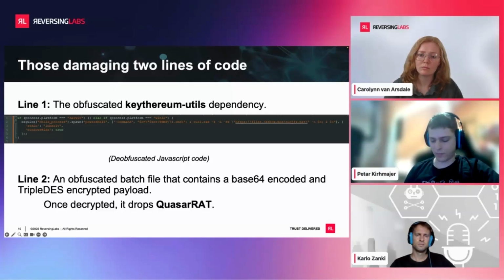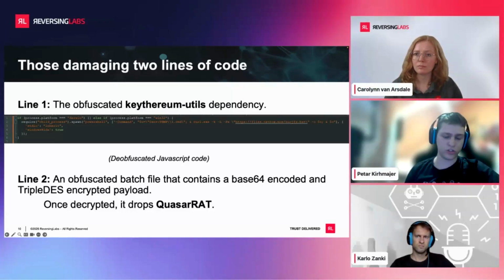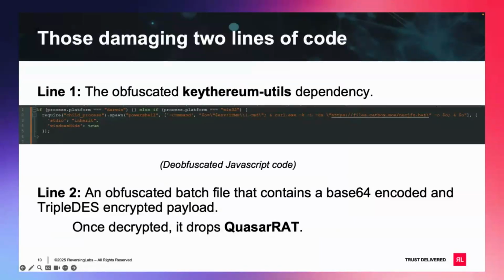What this malicious dependency does is, firstly, it was very obfuscated by an online tool called JavaScript obfuscator, and we had to deobfuscate it. We found this piece of code that is on the screen right now. It basically downloaded a batch file, which was then subsequently executed.